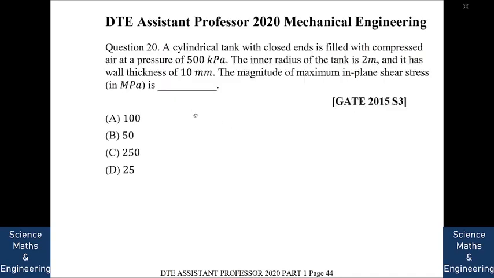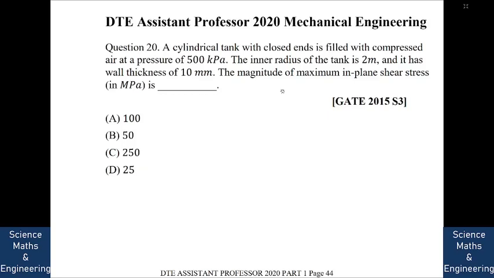So next question. A cylindrical tank with closed ends is filled with compressed air at a pressure of 500 kilopascal. The inner radius of the tank is 2 meter and it has wall thickness of 10 millimeter.